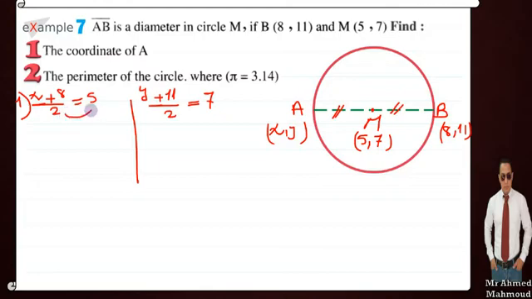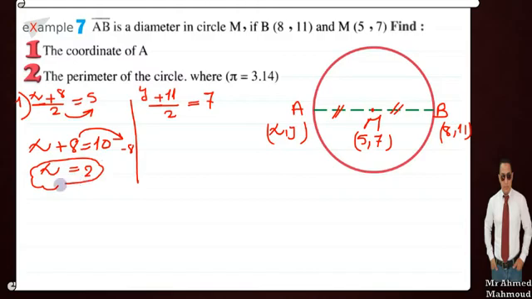I will multiply 2 by 5, then X plus 8 equals 10. Subtract 8 from both sides, then X equals 10 minus 8 equals 2.